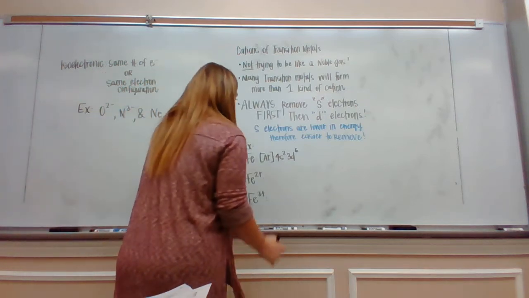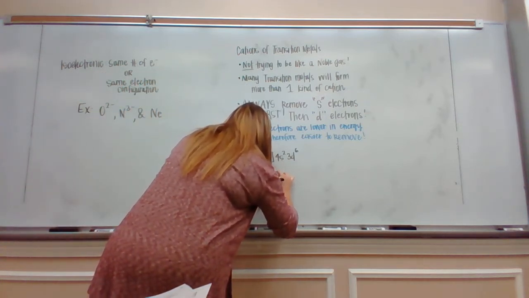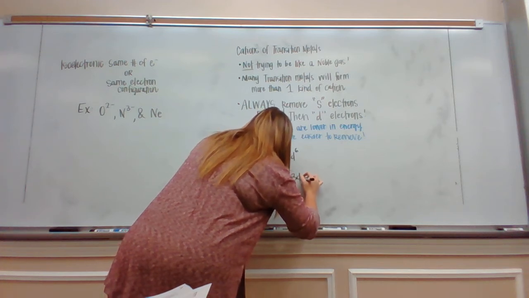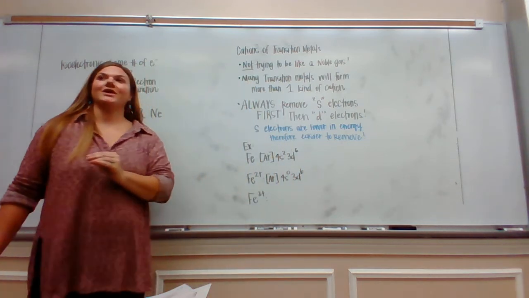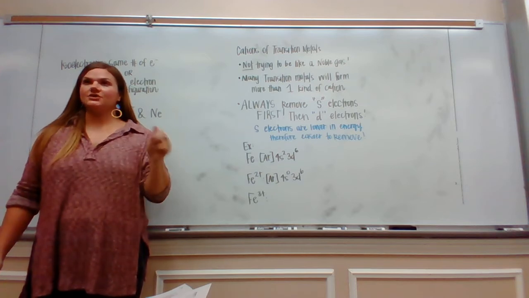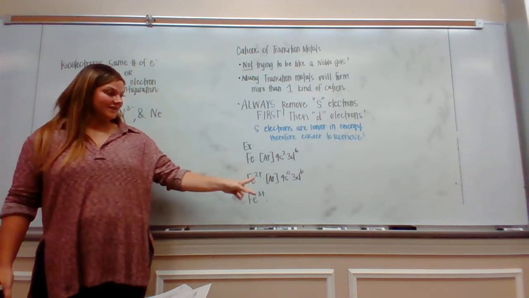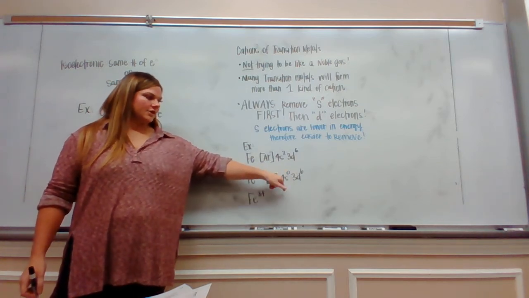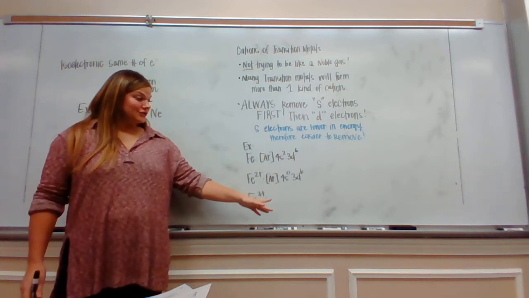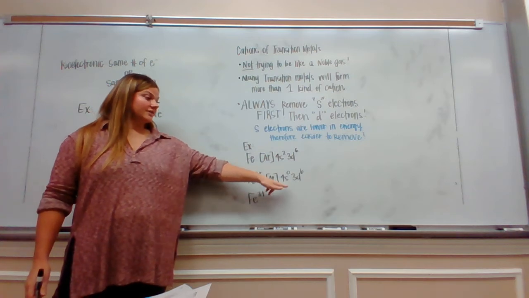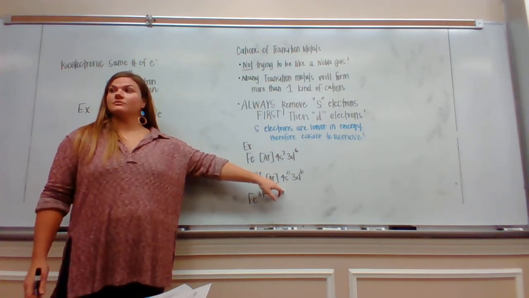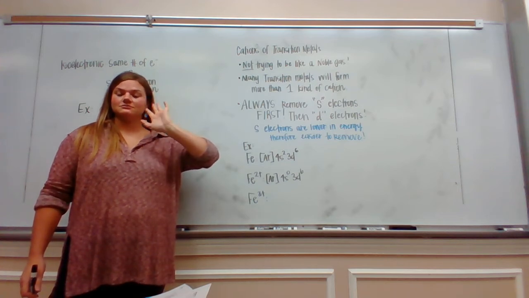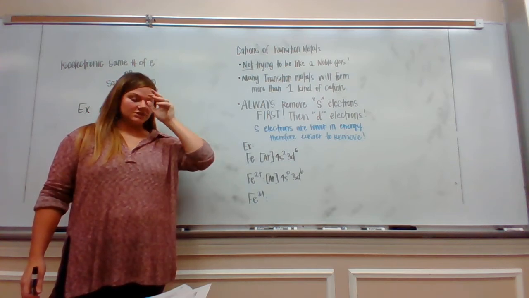Well, remember, I take away the s electrons before I take away d. I'm only taking away 2 electrons. Well, I have 2 s electrons, so I take both of them away. I have 4s0 3d6. I do recommend writing this to show that you know what you just did.